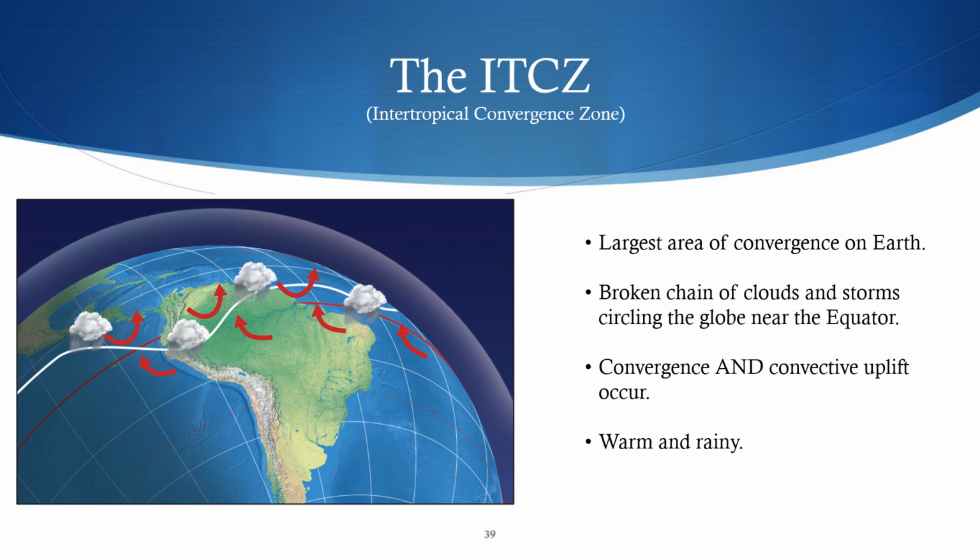So what you need to know for this upcoming exam is that, seeing that this is happening at the equator, where we know there's the most humidity on the planet, and especially over water, this area is extremely warm and rainy. We get lots of rain, lots of humidity, and it's warm.